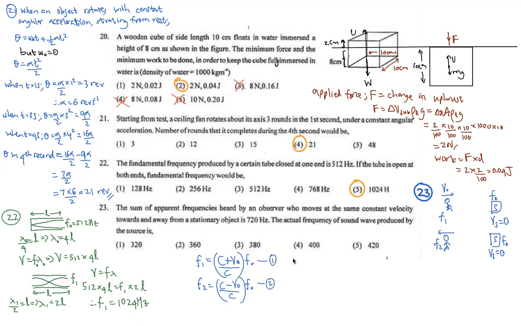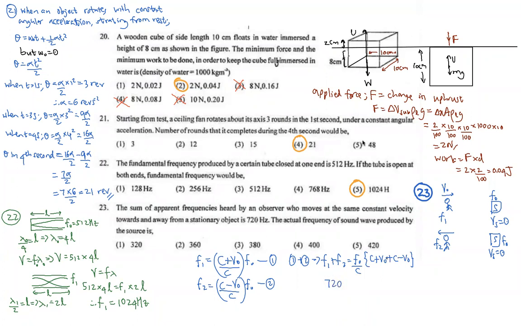Let's add them both, 1 plus 2. On the left side it is F1 plus F2. On the right side, F0 over C is common, and inside the bracket I'm getting C plus VO plus C minus VO. F1 plus F2, the sum, is given as 720 in the question.